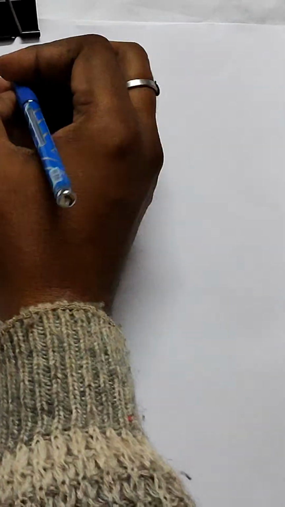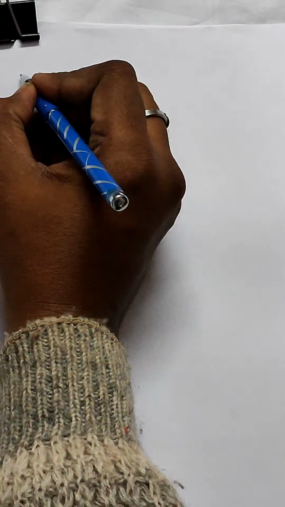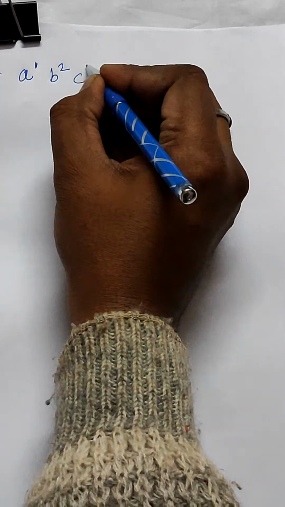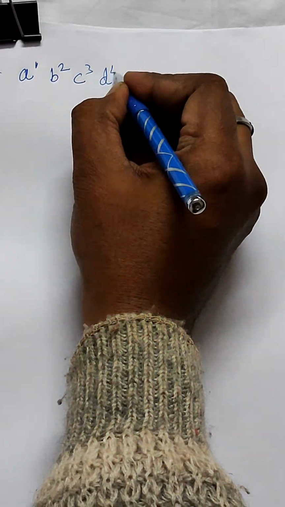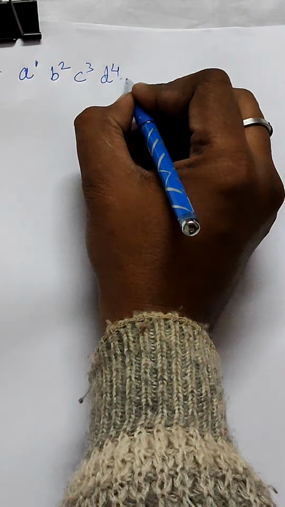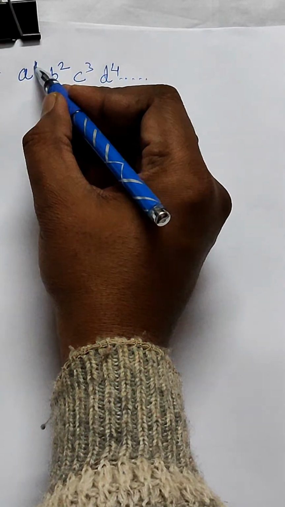So here the value of p is given as a power 1 b power 2 c power 3 d power 4, like this, right? I think this is visible to you. Perfect. In this way you can see it's in ascending order.